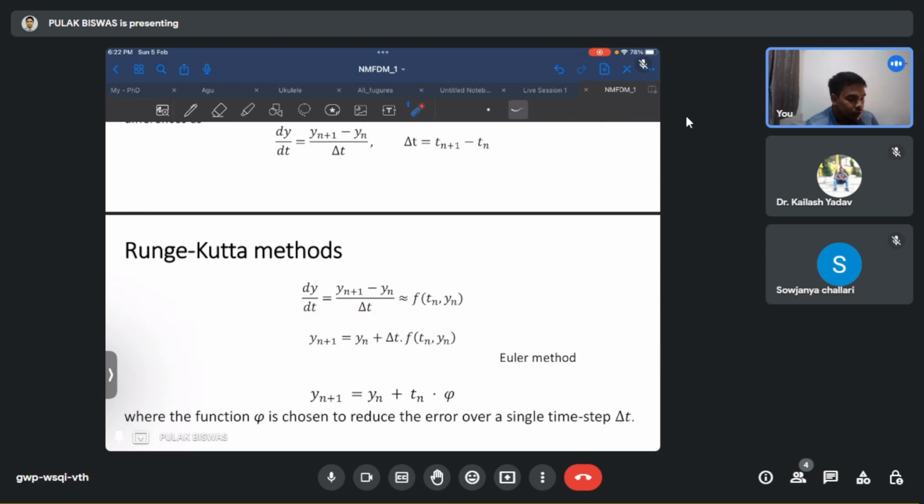Now if we rearrange this equation, we can get the scheme for Euler's method. Suppose the function's value at some later instant or later spatial position is given in terms of the present one plus delta t multiplied by the function's value at the present location. If I try to show the grid, it may be like this.